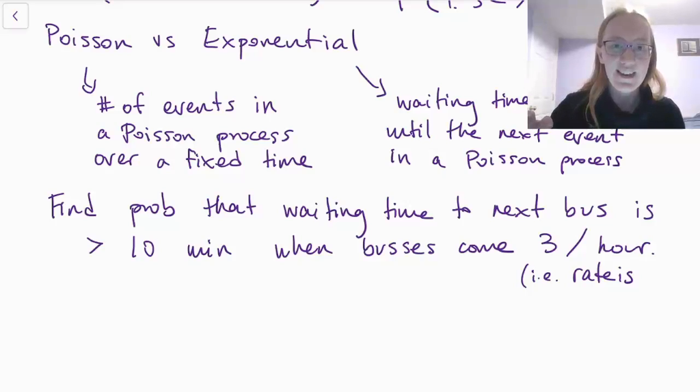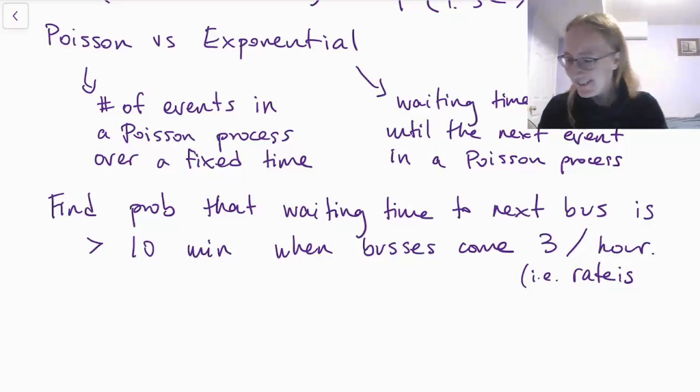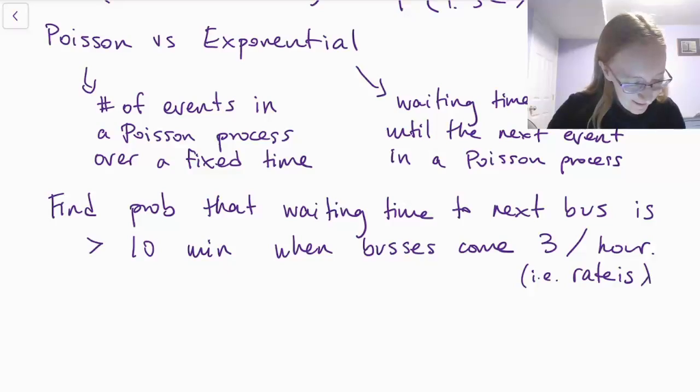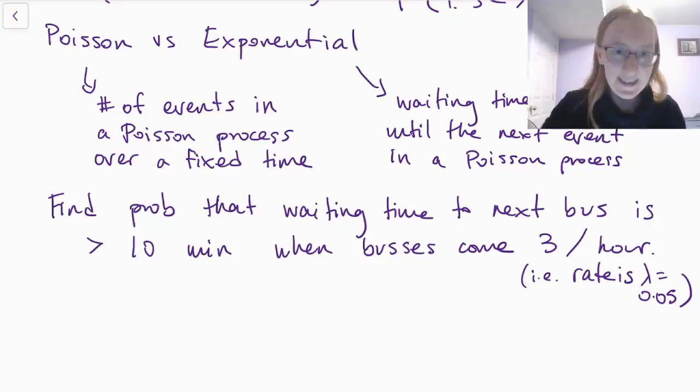That's going to be 3 over 60. What's that? 1 over 20? 0.05? Hold on. Calculator, save me. 3 over 60? Yes, 0.05.